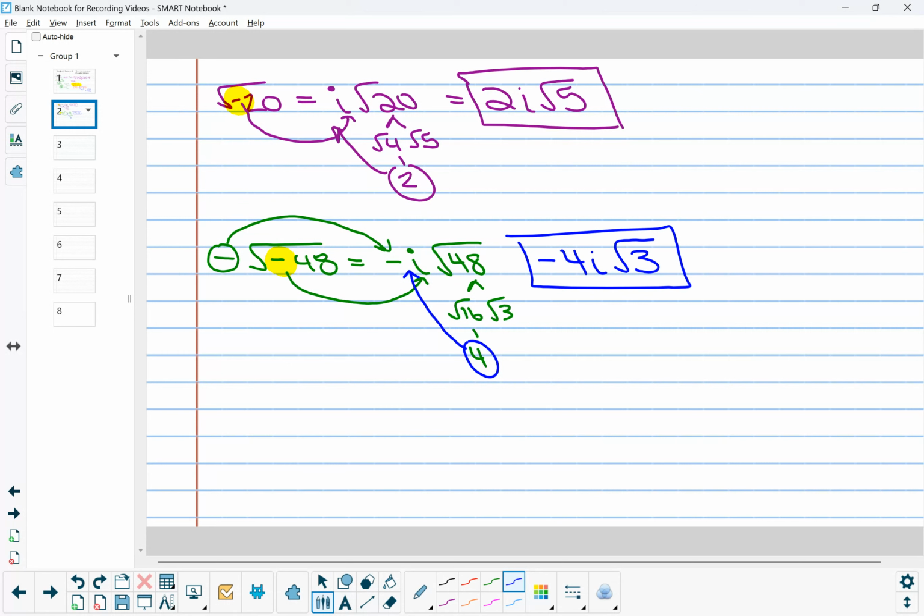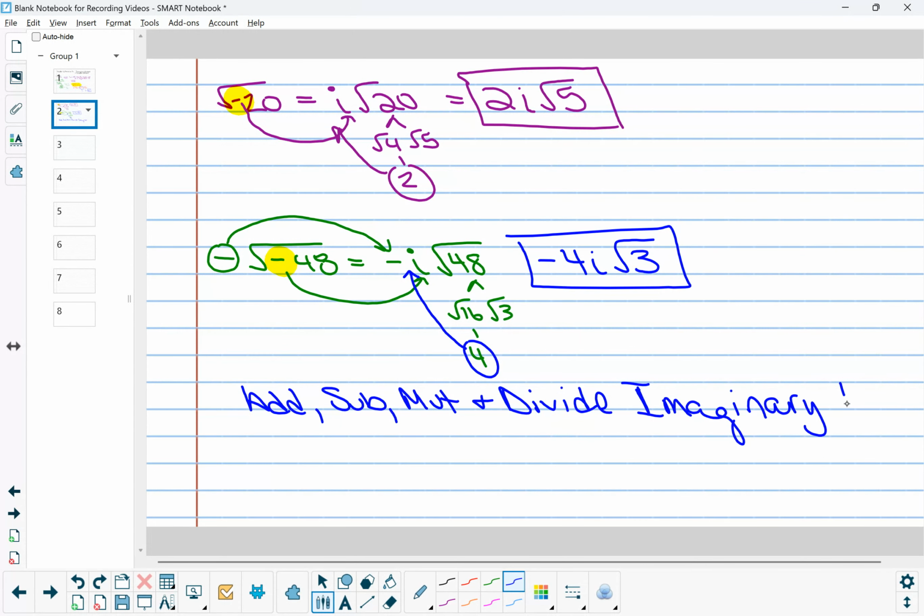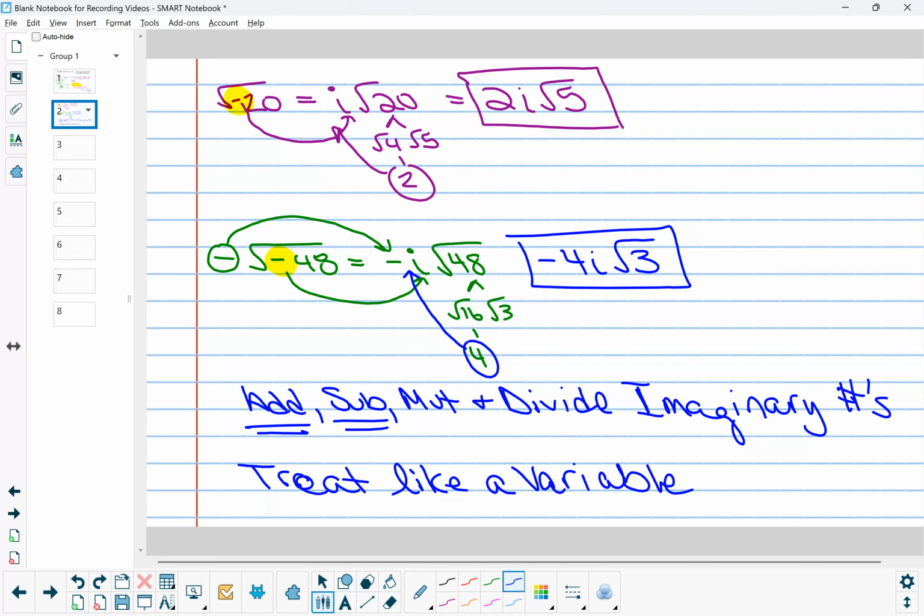Okay? Now, in this section, you're going to have to add, subtract, multiply, and divide imaginary numbers. And adding and subtracting are super simple. Just treat them like a variable. Here's what I mean by that.